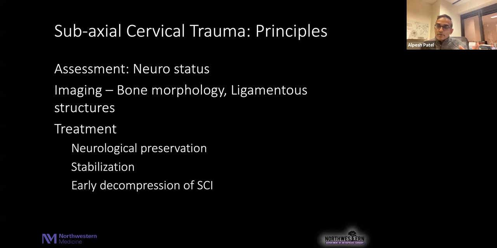It's not just uppers only, hands only, burning dysesthesias. It's myelopathy, upper and lower extremity deficits, sensory deficits, motor deficits. It's acute and it's traumatic, but it's not so much like a fracture dislocation. So I think we want to try to get some better language around what does it really mean to have a central cord, in 2021.